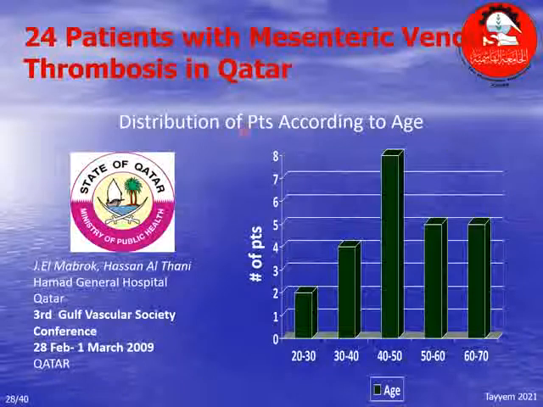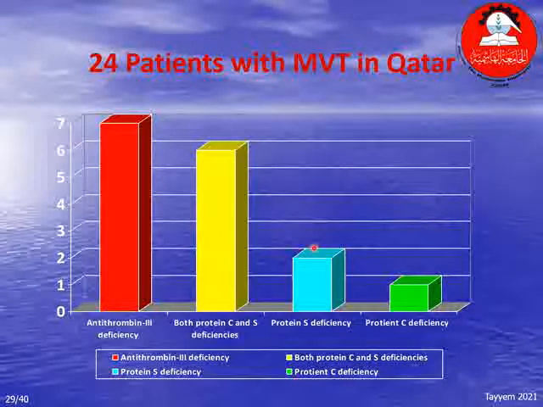Now, in this study, which was carried out in Qatar, the common age to get mesenteric venous thrombosis is middle age, 40 to 50, and the commonest acquired or inherited condition causing thrombosis was antithrombin 3 deficiency.